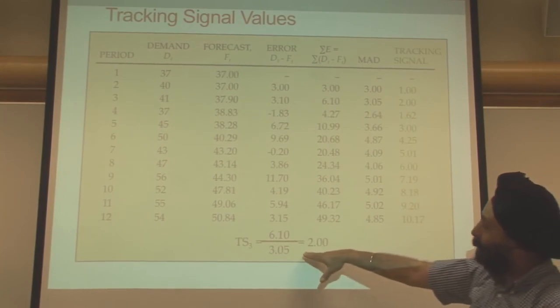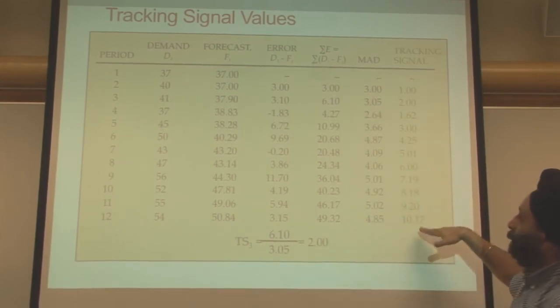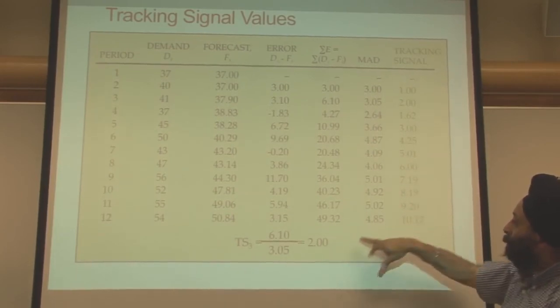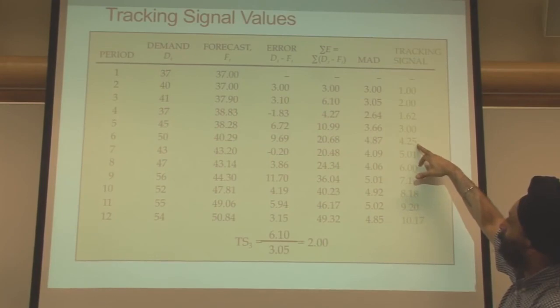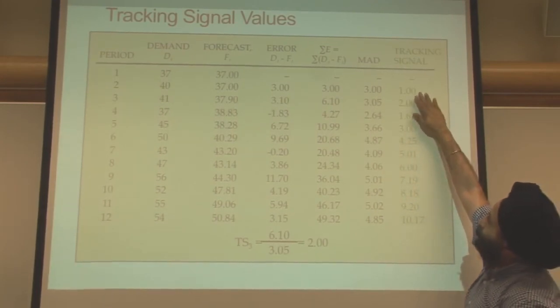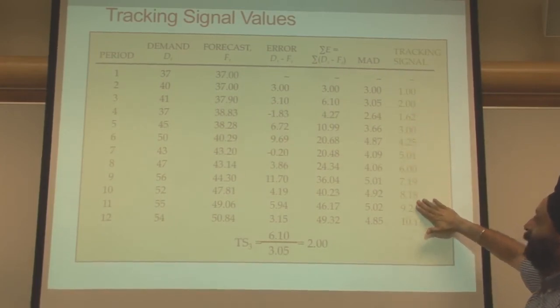The average number comes out to be 2. Anytime you are over that number, you notice that your bias is coming in. We are slowly increasing from the level of 2, and now going 3, 4, 5, 6, 7, 8, 9, 10.